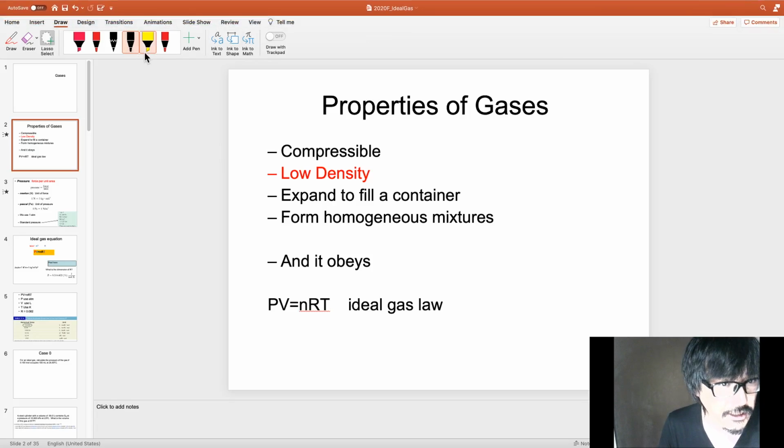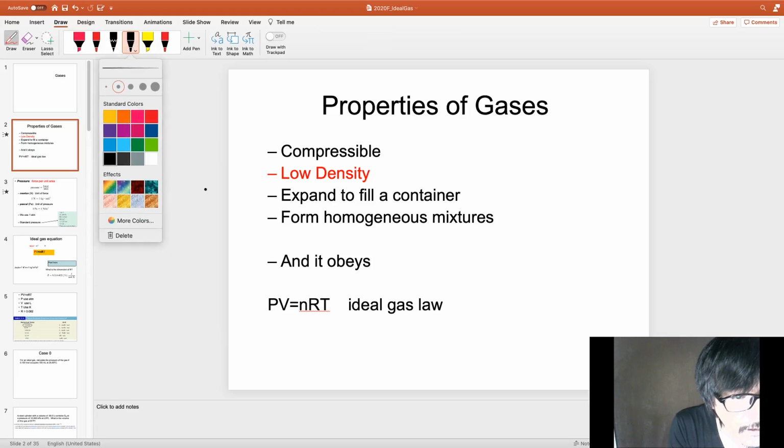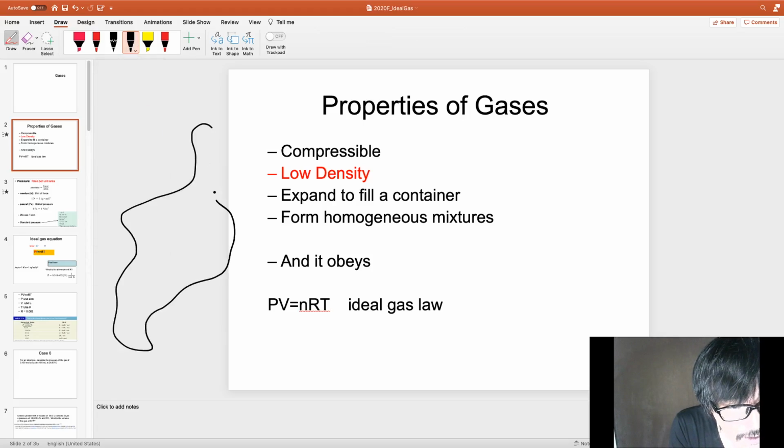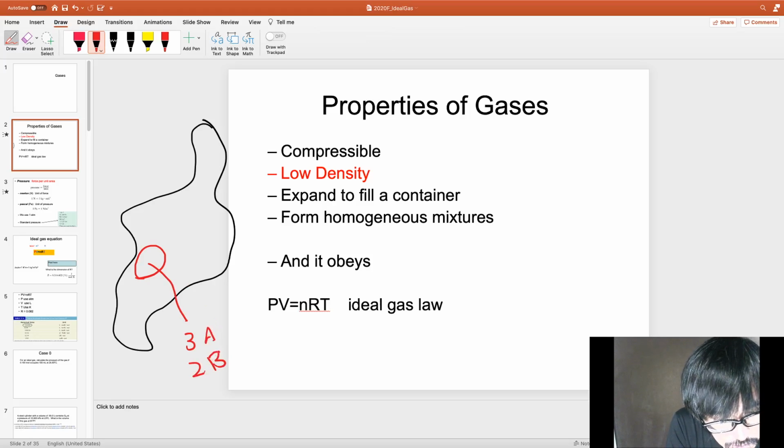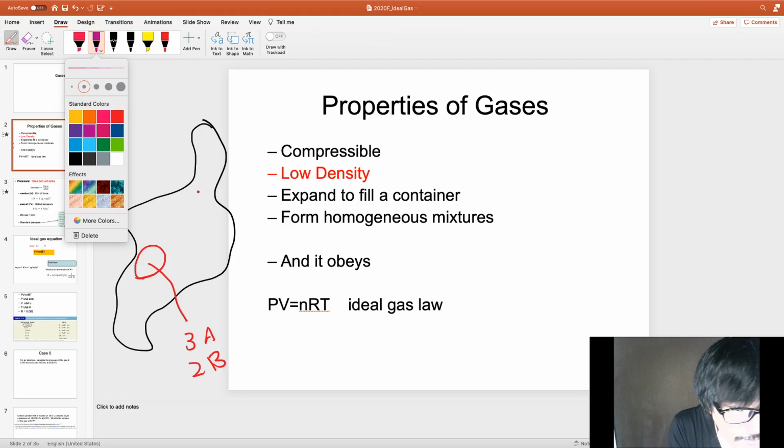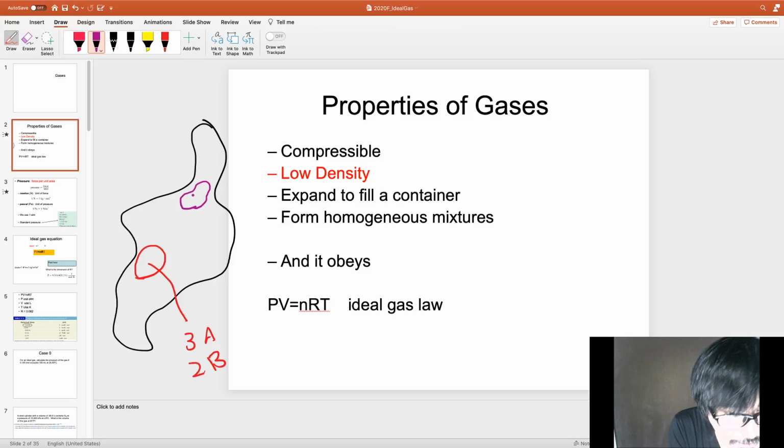A homogeneous mixture for a gas literally means that if you have a container that looks like this, maybe a strange-shaped container, and I pick a small region of it, and in here I have 3 A molecules and 2 B molecules, and then I pick a different region, maybe somewhere around here with a different shape but pretty much the same volume, then I'm going to find the same number of molecules in these regions too.